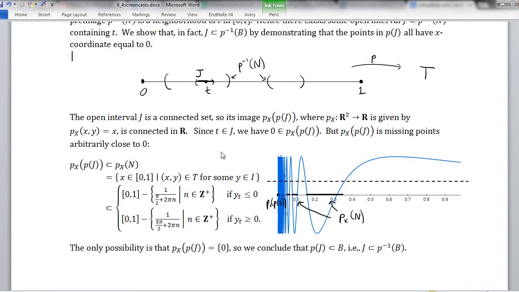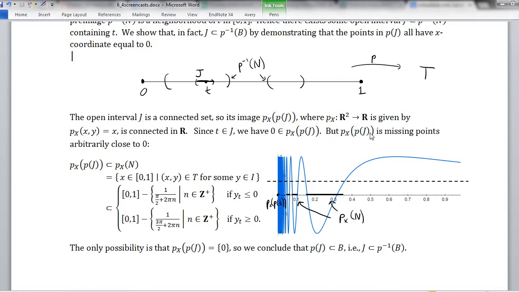So what does this set p_x(p(J)) look like? Well, since t is in J, and p(t) is a point with x-coordinate 0, I know that 0 is in that set. And I just said it's connected.